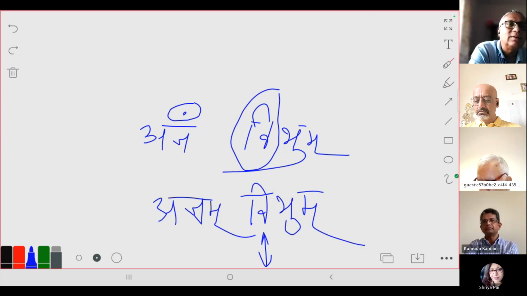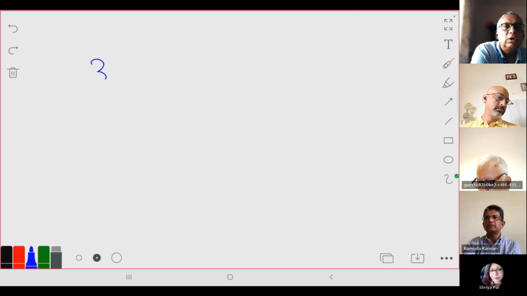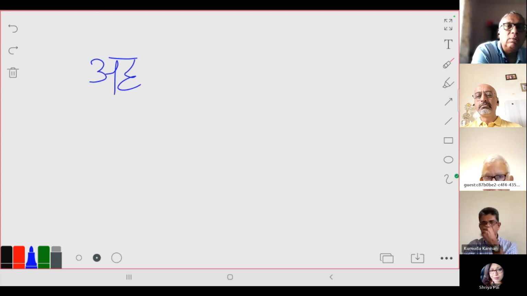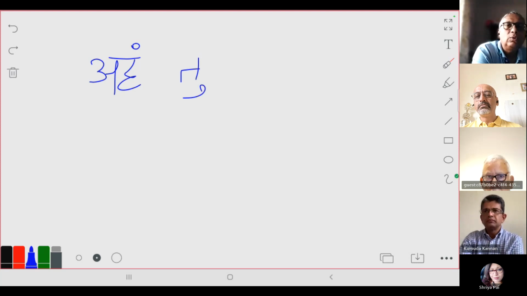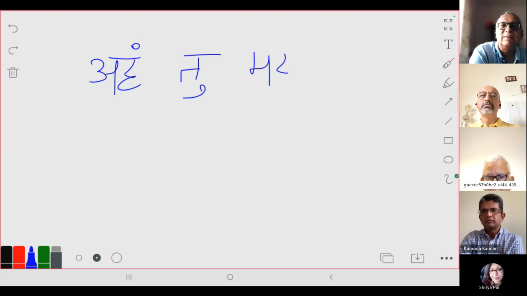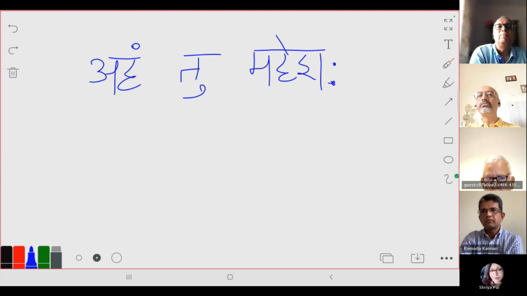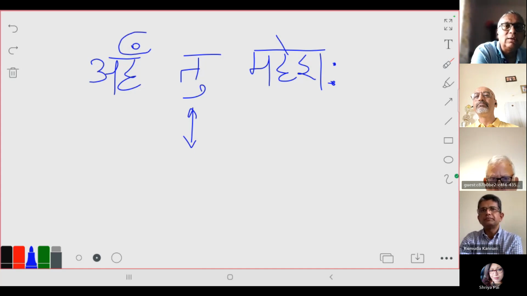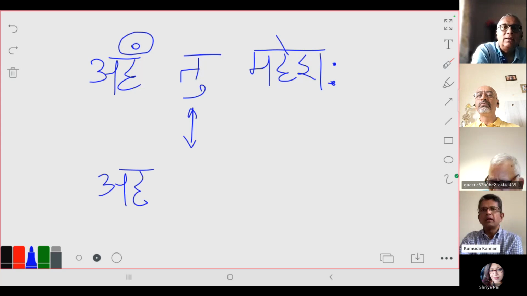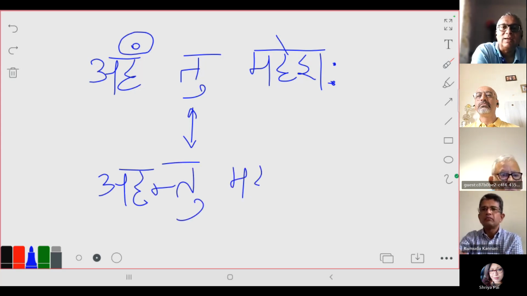Good. For example, aham tu Mahesha, I am Mahesh. Now you see this takara is a vyanjanam, so you have an anuswara. Another option could be the nakara: Aham tu Mahesha.